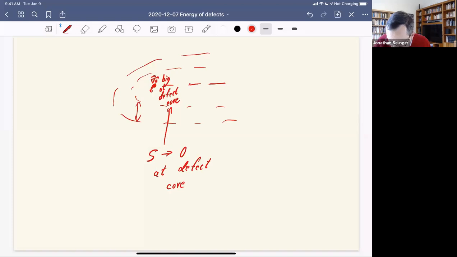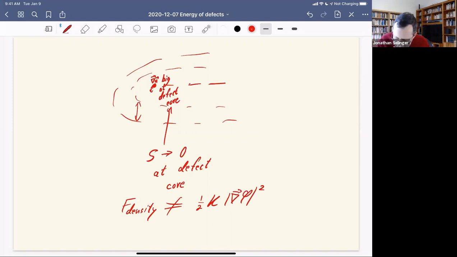So the Frank free energy breaks down, and it is no longer the case that the free energy density is just going to be equal to this 1/2 k times the gradient of phi squared.